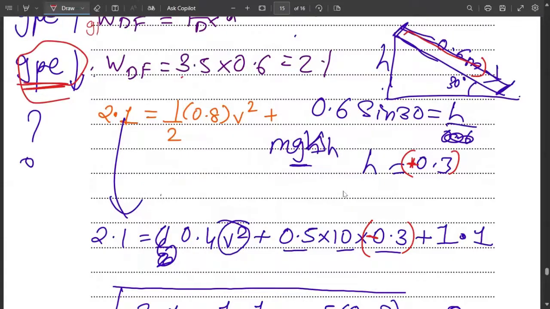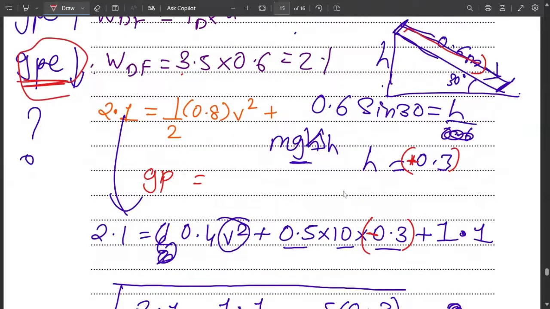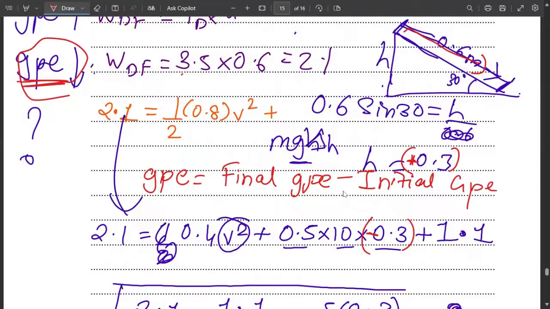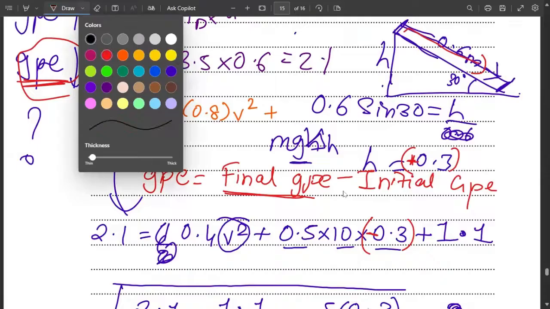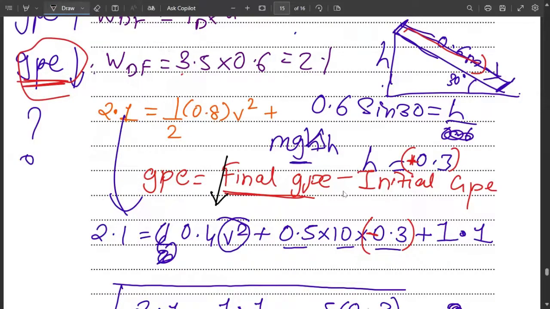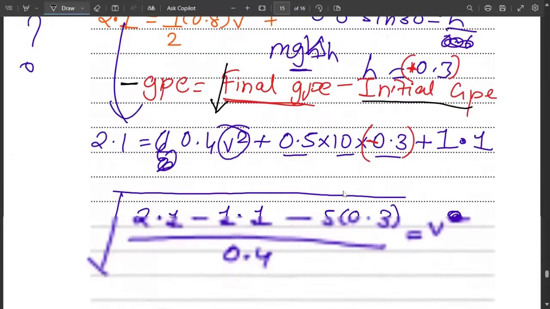What is delta GP? It will be final GP minus initial GP. If the final GP is lesser than the initial GP, then obviously delta GP should be negative. So hence a negative sign will be placed here.